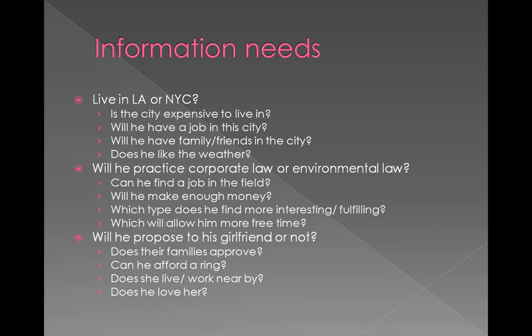When deciding which type of law he will practice, Matthew will consider if there are job opportunities in the field, if the field provides lucrative pay, if he finds the field interesting and fulfilling, and will the field allow him adequate free time. Lastly, in choosing whether or not to propose, Matthew considers the approval of his and her family, if he can afford a ring, if she lives and works near him, and if he loves her.